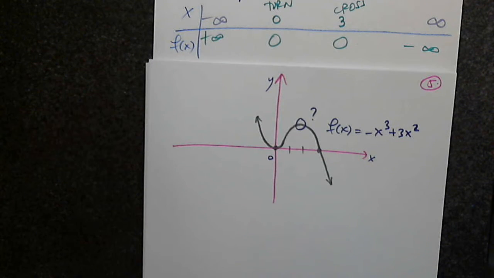We already graphed the function. I have a cheat sheet here, as you see. -x to the third plus 3x squared. What is that? Okay, so zoom 6.